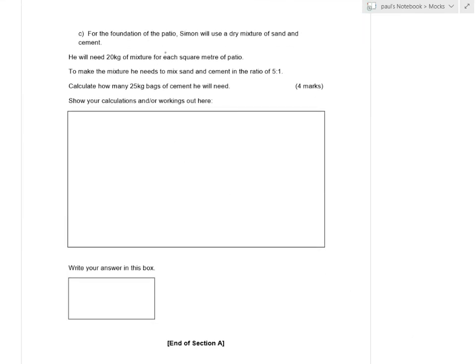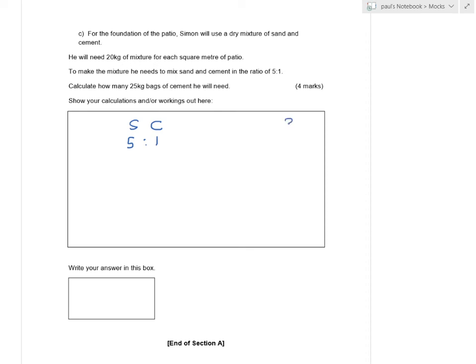Right, for the foundation of the patio, Simon will use a dry mixture of sand and cement. Here we need 20 kilograms of mixture for each square meter. To make the mixture, he needs to mix sand and cement in the ratio of 5 to 1. How many 25 kilogram bags of cement will he need? He's going to need 20.